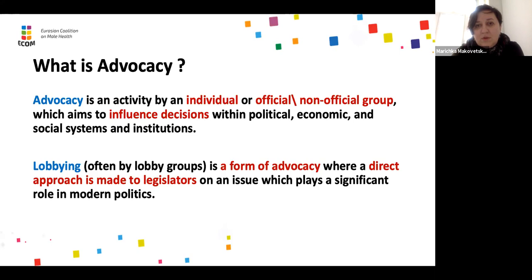When we talk about advocacy, we always talk about a decision-making or policy process. We talk about politicians, and about some change in political decisions or legislation.